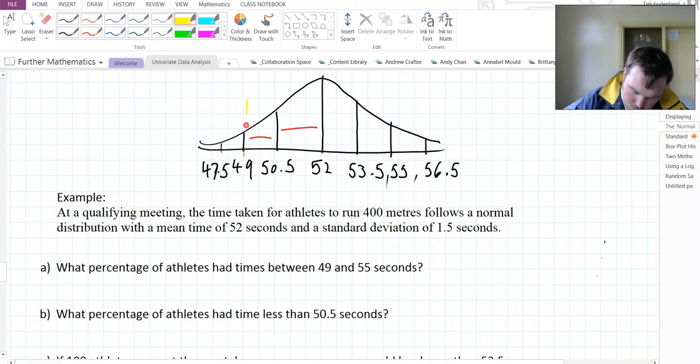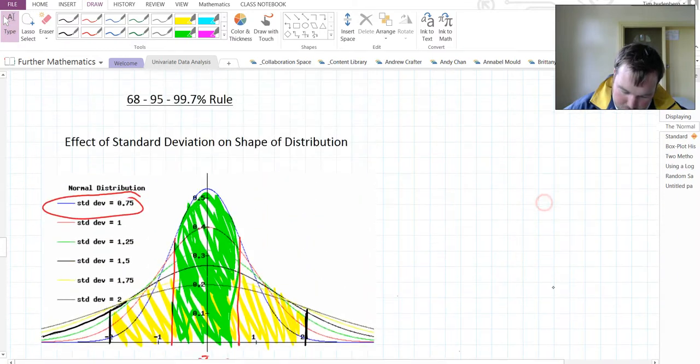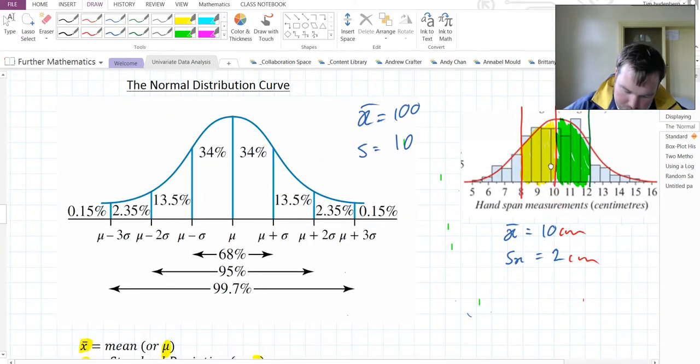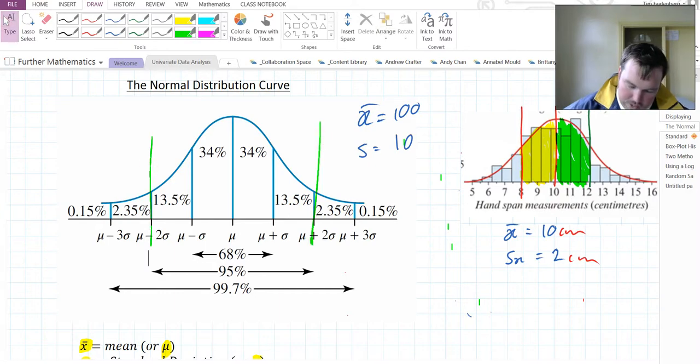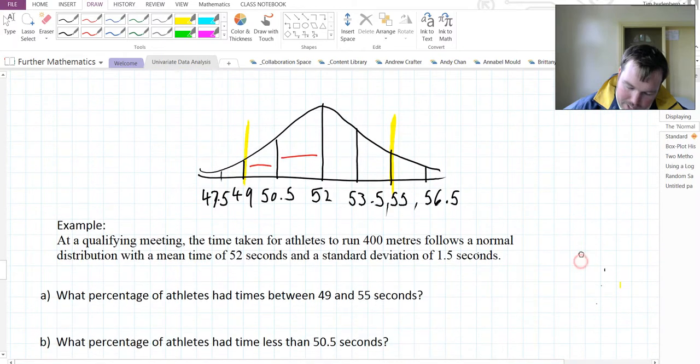Alright, so we're looking at what percentage had between 49 and 55. Alright, well, we head up to our rule above and say, well, that is 2 standard deviations out and 2 out. We know that in between there is 95% of the distribution.